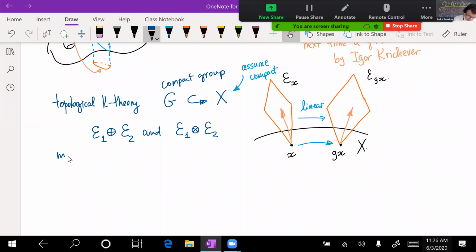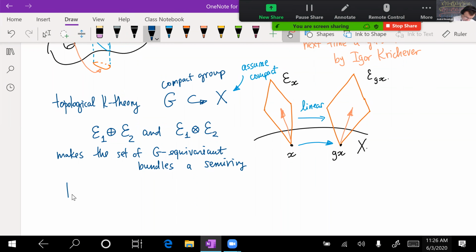So this makes the set of G-equivariant vector bundles, I guess it's called a semi-ring. It's a set where you have addition, multiplication, but you don't have subtraction.